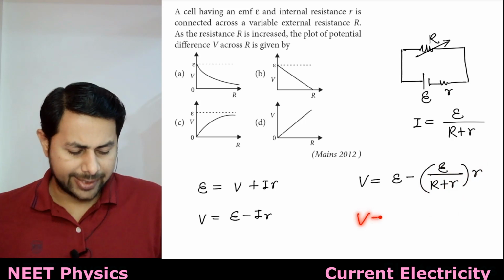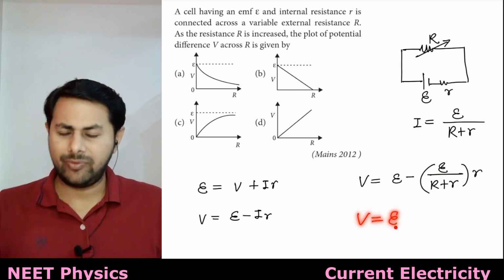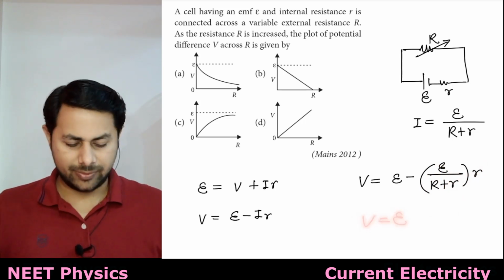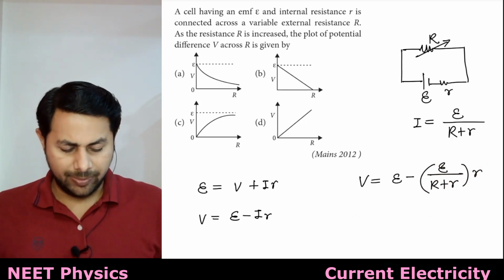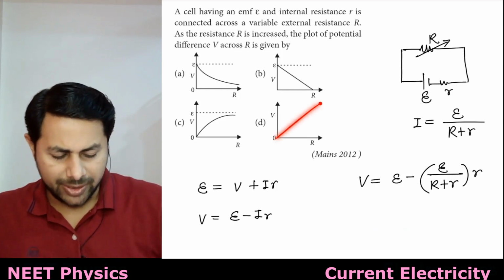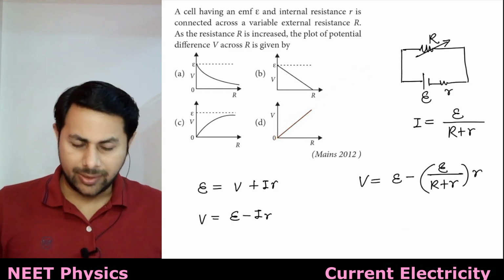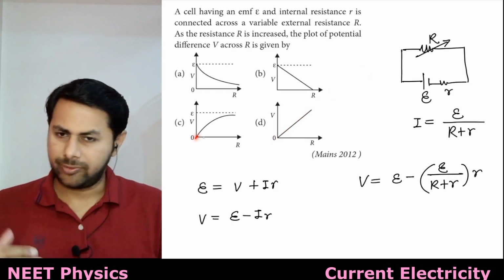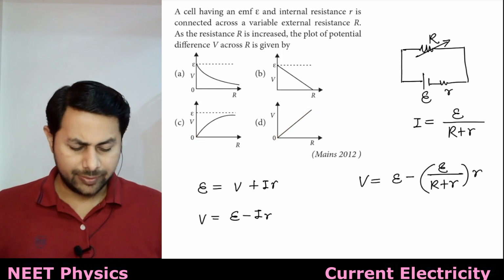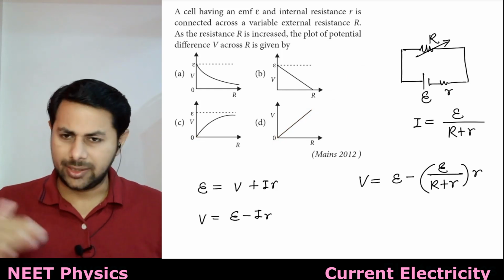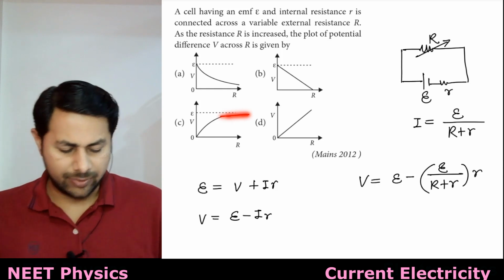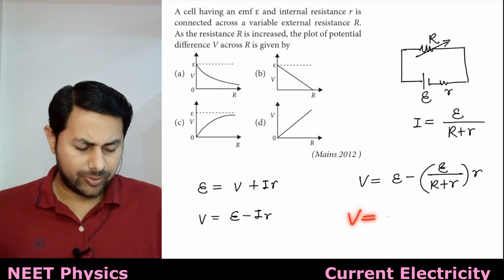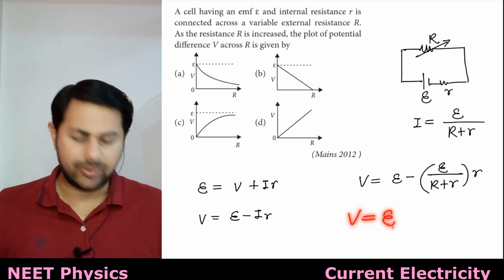So at R equal to infinity, V will become equal to E. At max, V can become equal to the EMF. So V will not keep on increasing with respect to R. At R equal to 0, V is 0, but then it keeps on increasing and it saturates at E. That means the maximum value of terminal voltage is equal to the EMF.